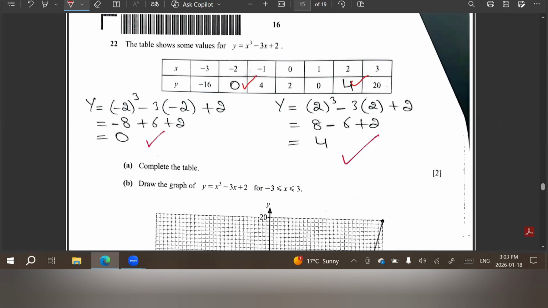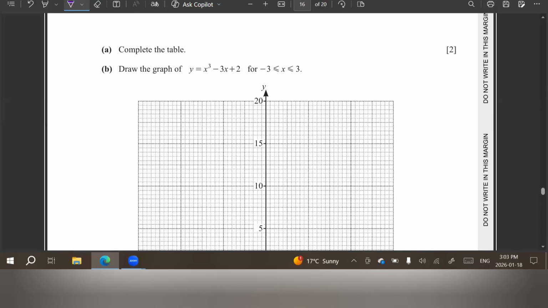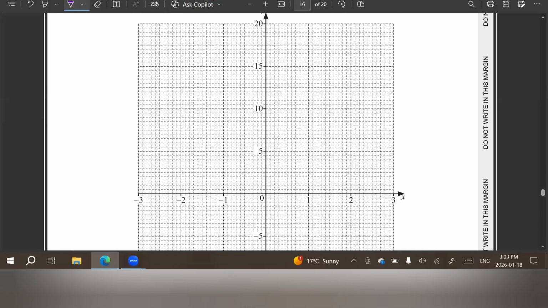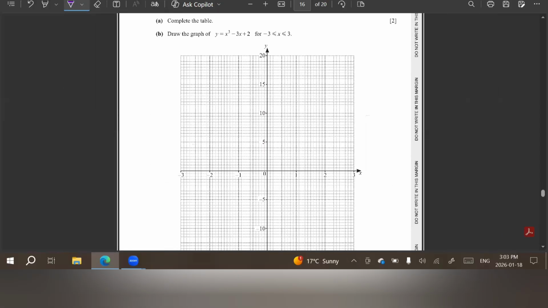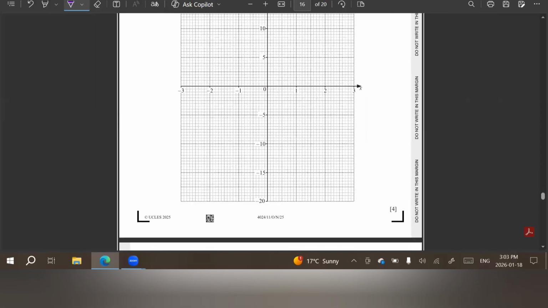Then he says draw y is equal to x cube minus 3x plus 2 from minus 3 to 3. Okay. So here a graph is given to you, and we want to draw this. Simple. I have drawn this. So I will plot these points.